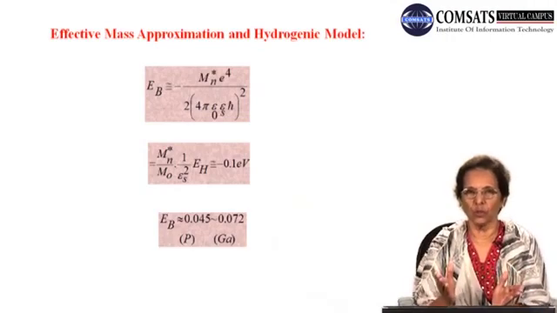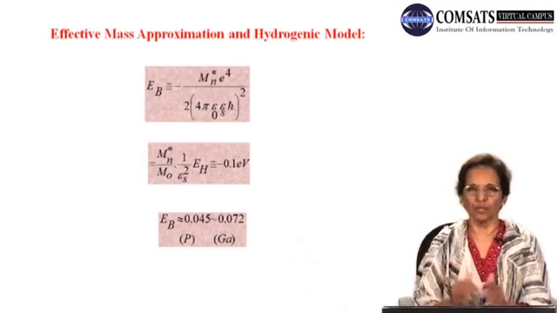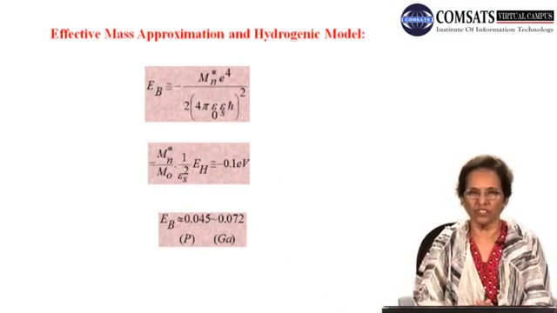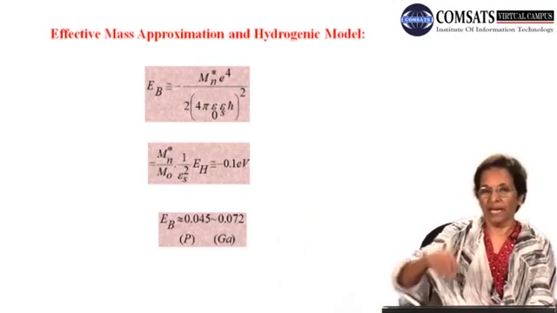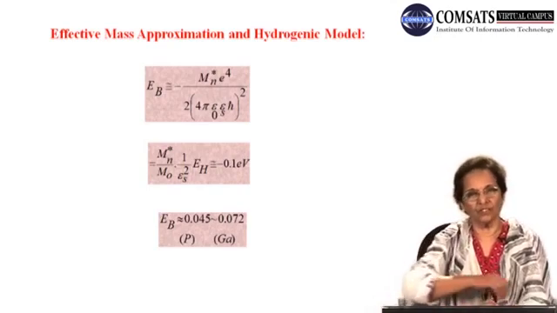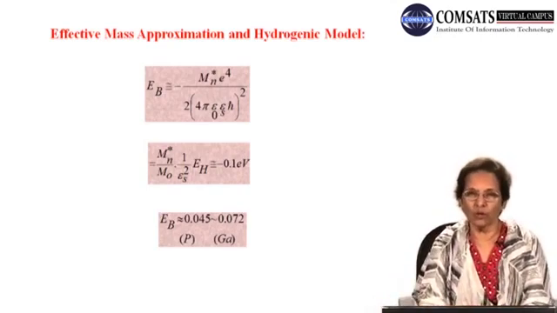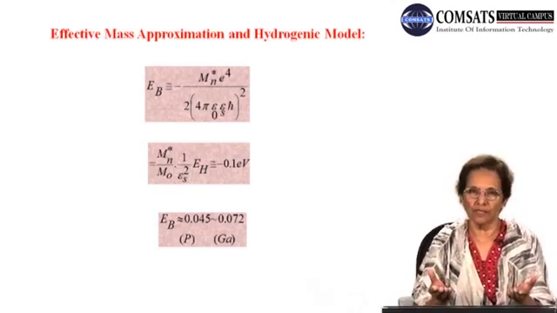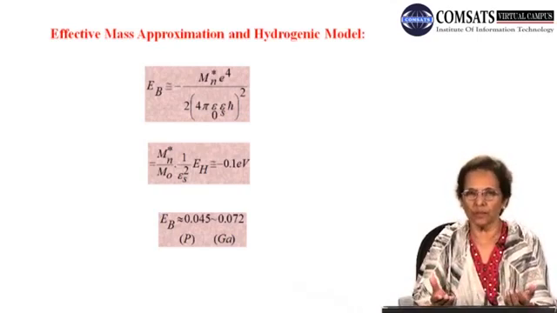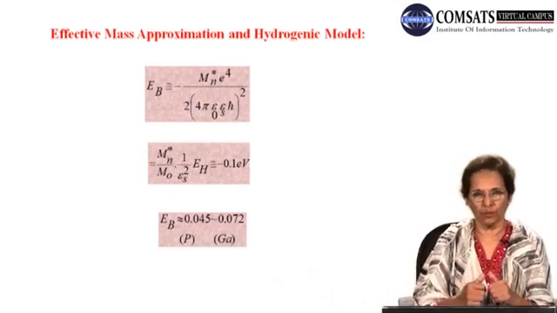They are only of the order of milli electron volts, as compared to minus 13.6 electron volt required in the hydrogen atom. And this energy, as you would recall, is almost comparable to the energy available to the silicon crystal at room temperature.